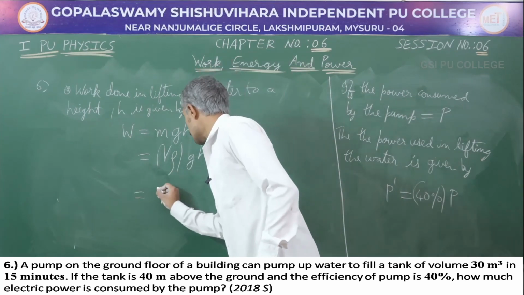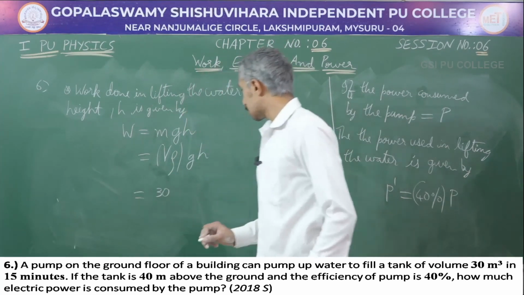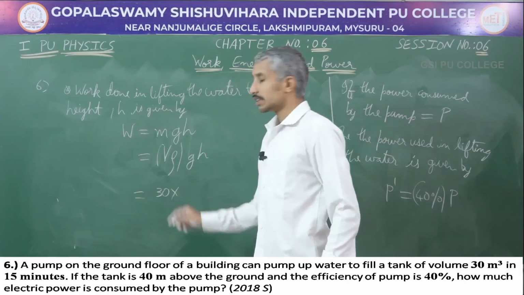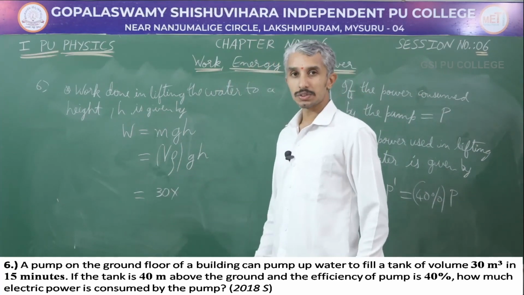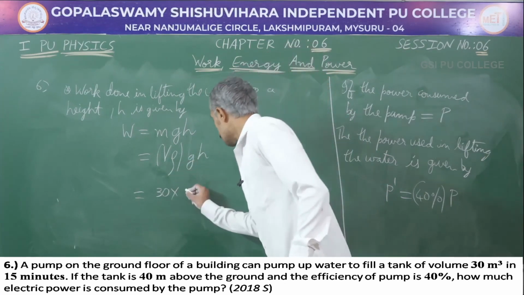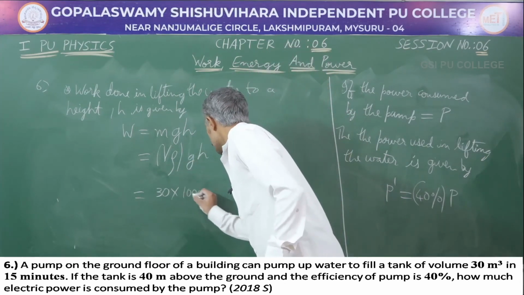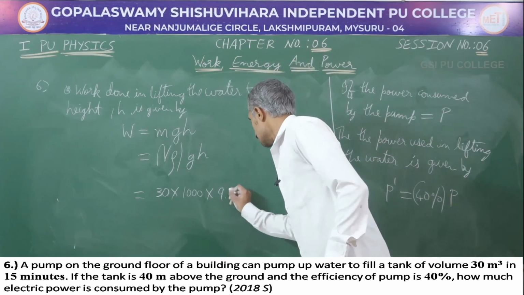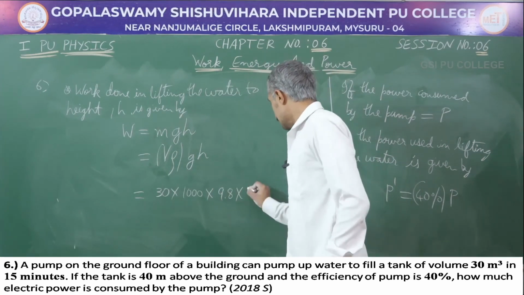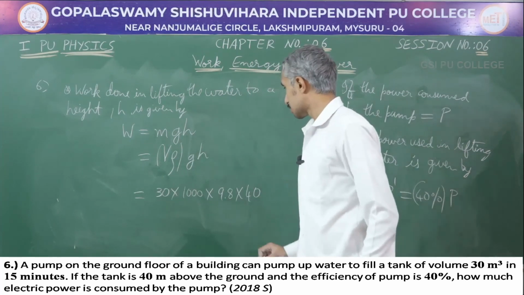The volume of the water is given, which is 30 meter cube. Density of the water, everyone should know, is 1000 kg per meter cube. So 30 into 1000 into acceleration due to gravity, 9.8, into the height, 40 meters.